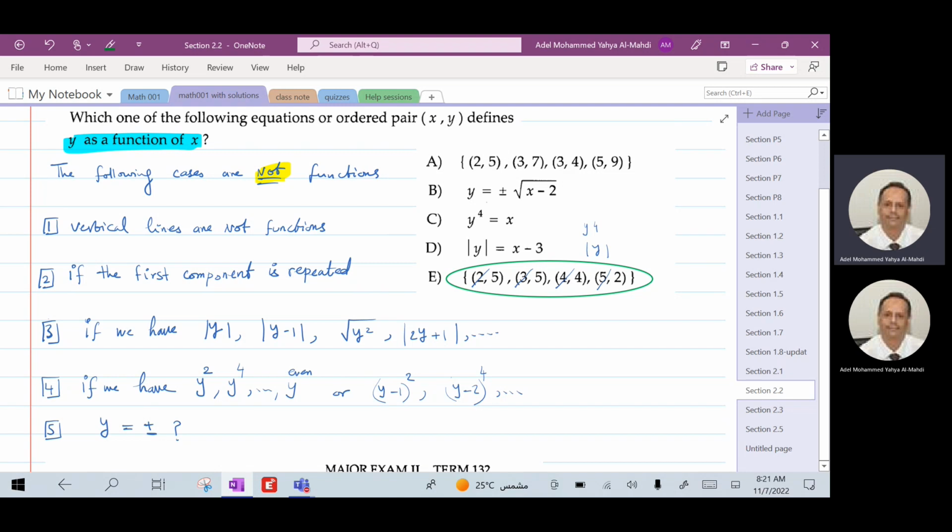B is not a function because you have y equals plus minus something. And A is not because 3 and 3 are repeated. So no need to graph, just use these remarks.